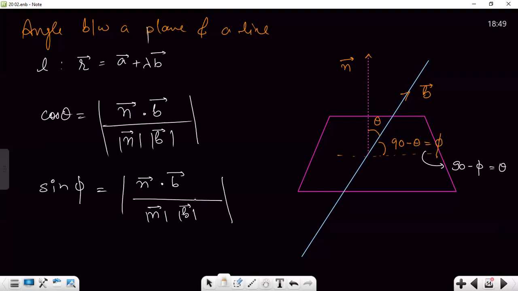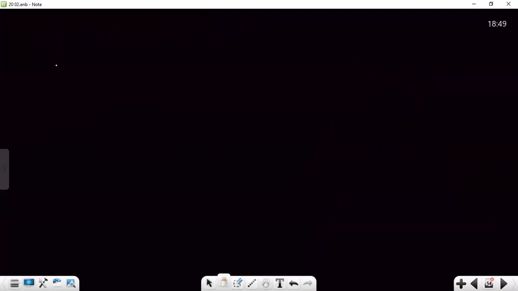So this time things change. If a line and a plane are parallel, the dot product n vector dot b vector becomes 0.